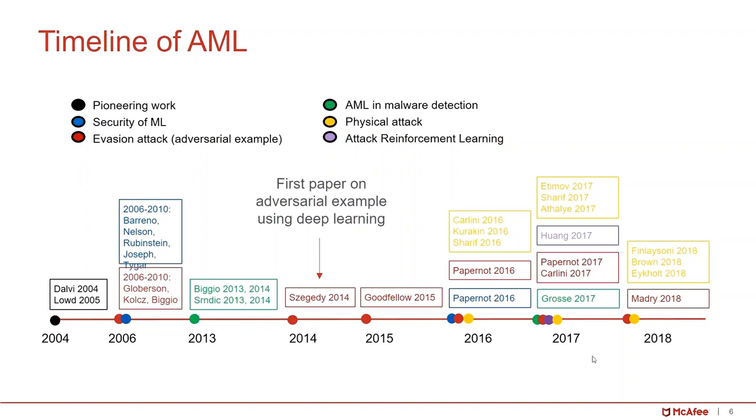And then UC Berkeley has a paper showing that not just supervised learning, but also reinforcement learning, another mechanism of machine learning, is vulnerable to this type of attack. So you can see there are more and more publications in this domain in these two years.